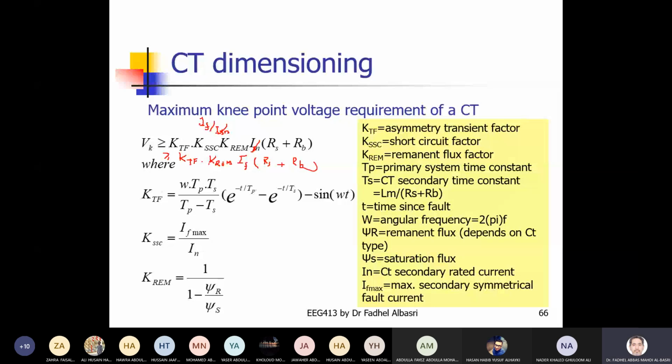Of course, this is I fault referred to the secondary of the CT, which is I secondary maximum during faults, which is the steady state fault current component.